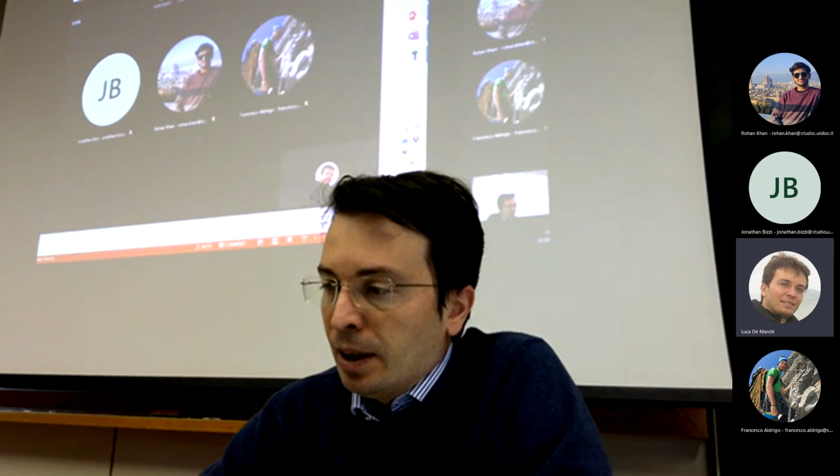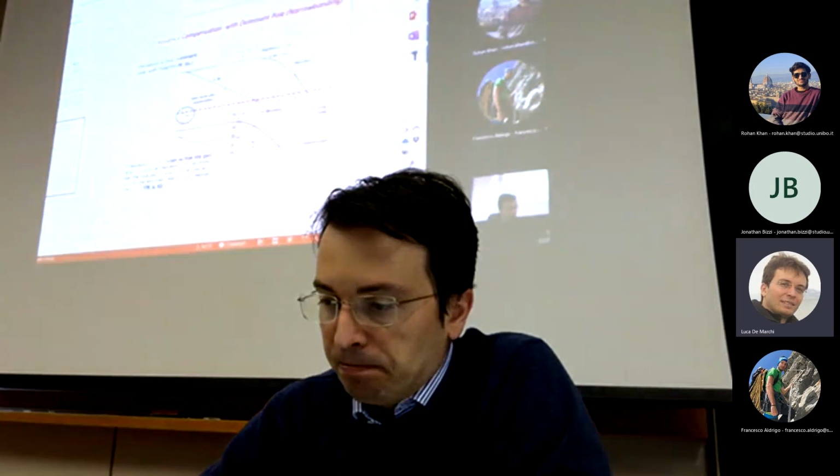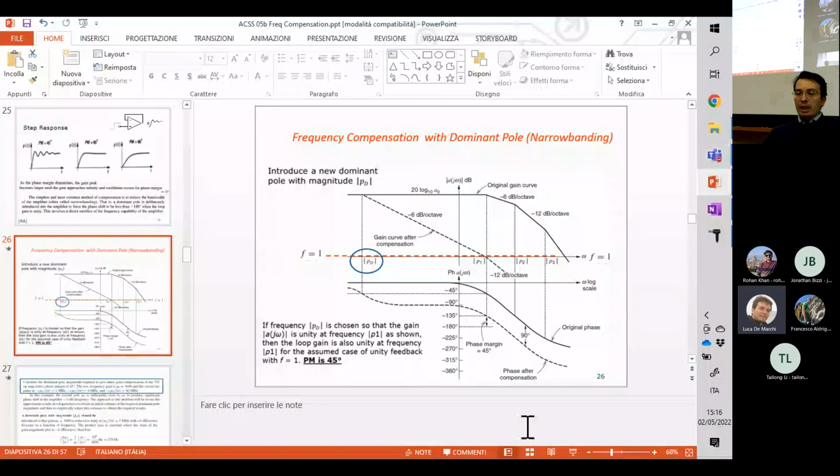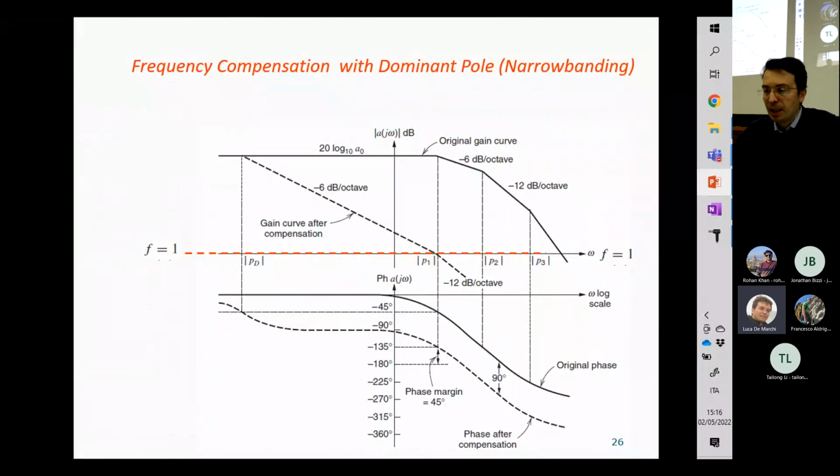So, we have started the discussion of frequency compensation techniques and the problem of the stability of circuits when connected in feedback loop.